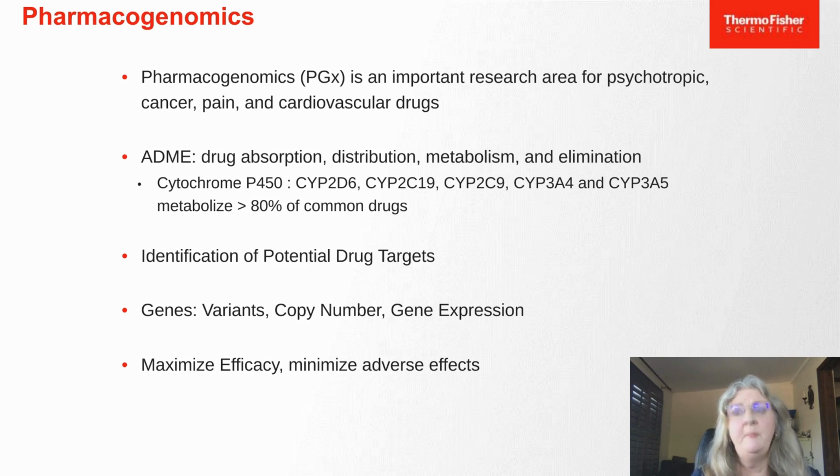Is there copy number variation in these genes? And what does the expression of these genes look like? And the goal of this kind of research is to understand the genotype of the individual with respect to genes that affect these pathways and processes, with a goal of maximizing drug efficacy and minimizing adverse effects.